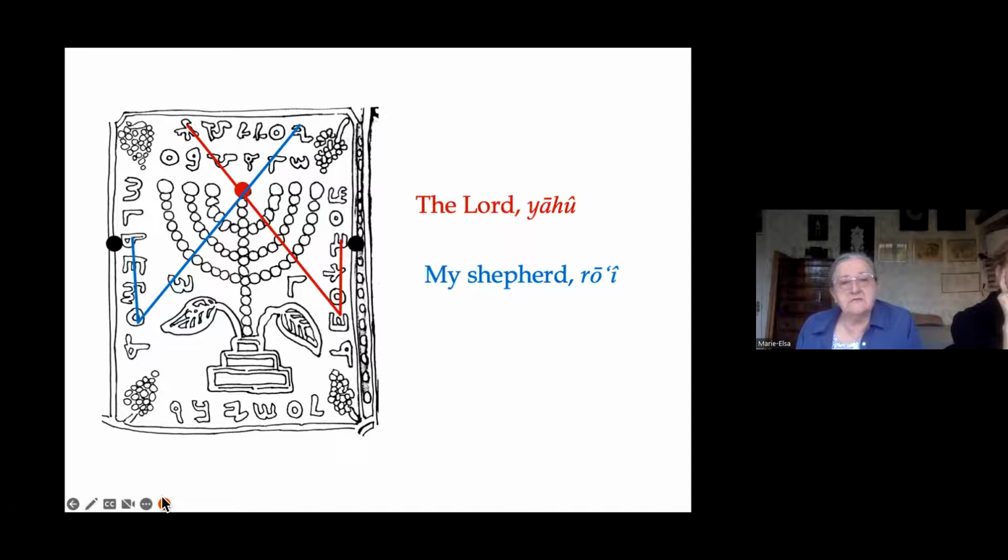I forgot to tell you that this tablet is written in a curious form of archaic Hebrew script. I'll tell you about that in a month's time and give you a little lesson on how to read some of the strange letters. If you follow the blue line, again from the black dot, you go down and then up, it crosses the red line at the central lamp, and that says, my shepherd.